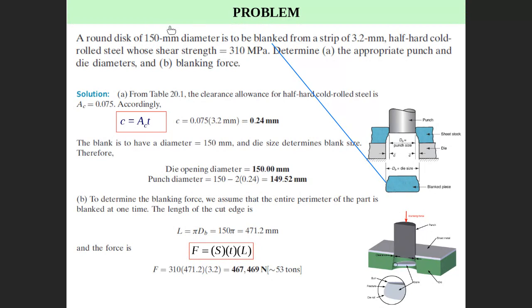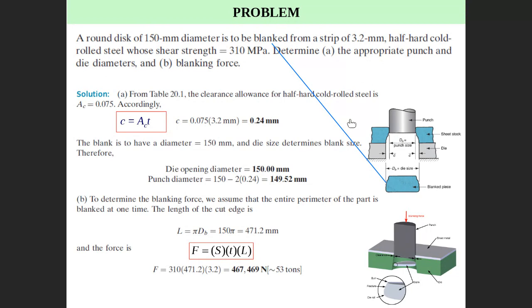He gave me S. Determine the appropriate punch and die diameter. We need to know the die diameter and the punch diameter, and then the blanking force.